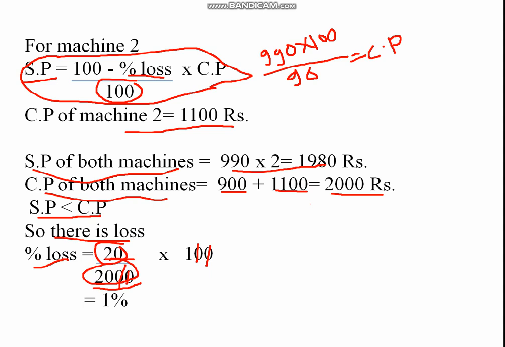Here CP is greater than SP, so there is a loss, and the percentage loss is equal to 1%. We only use formulas to find the percentage profit or loss. Go through it step by step and you get the correct answer.